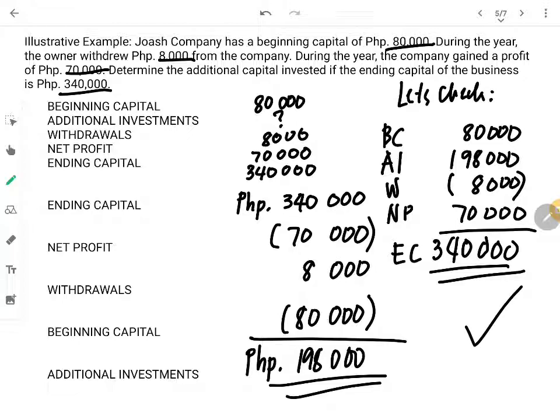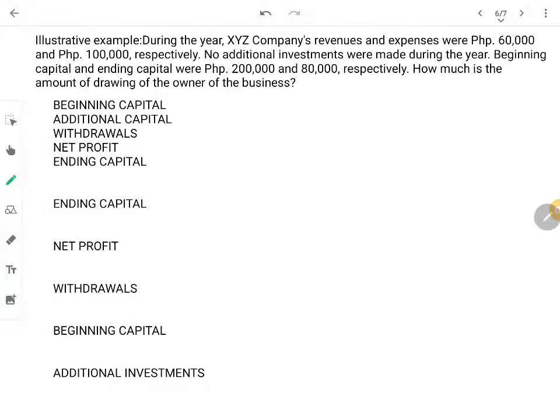And then, last, meron pa tayong isang problem. So, ito yung siya. During the year, XYZ company's revenues and expenses were 60,000 and 100,000 respectively. So, no additional investment were made during the year. Beginning capital and ending capital were 200,000 and 80,000 respectively.